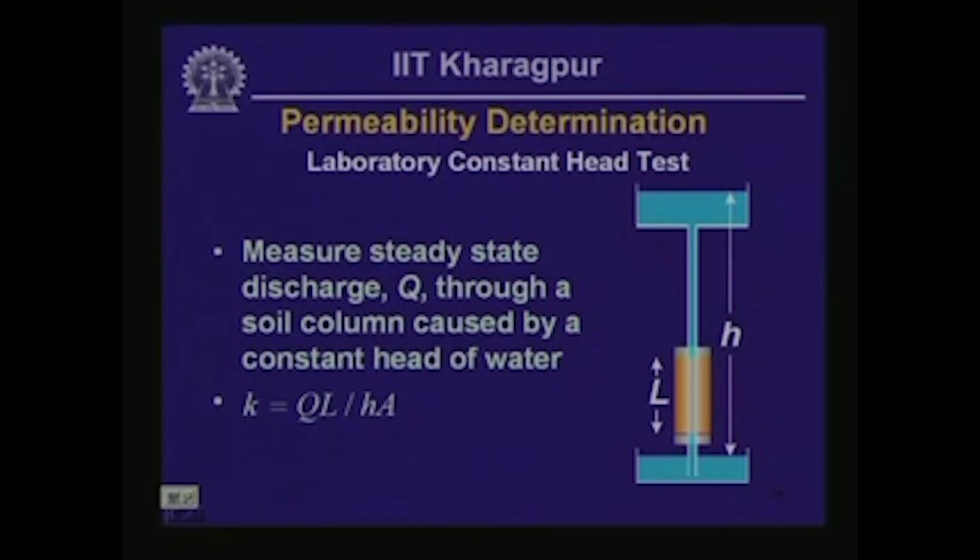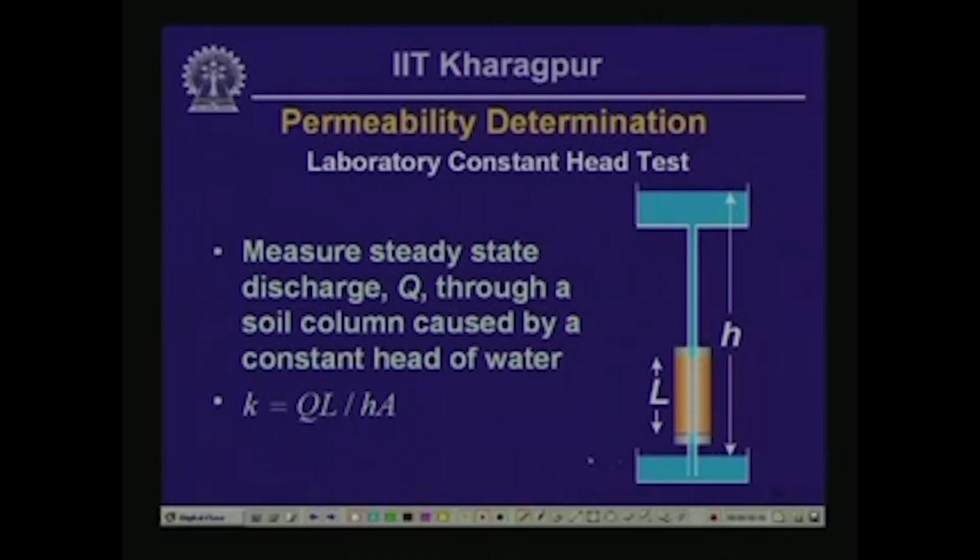It is called the constant head laboratory permeability test. What is done here is that a soil or rock sample is placed under constant head difference. At the bottom end of the cylindrical sample, you have a lower head elevation, lower groundwater pressure, corresponding to the tailwater elevation.